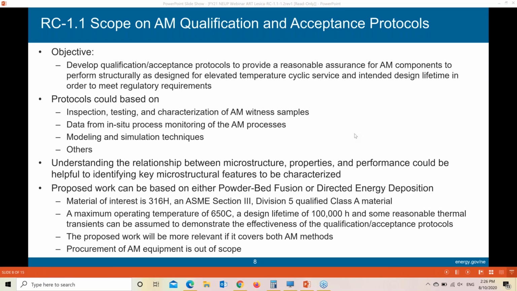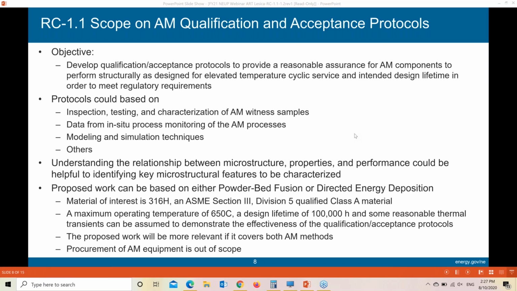The irradiation performance of the AM components and the corrosion aspects, we will have to defer to future work. So we just concentrate on high temperature mechanical response for prototypical operational characteristics in these advanced high temperature reactors.